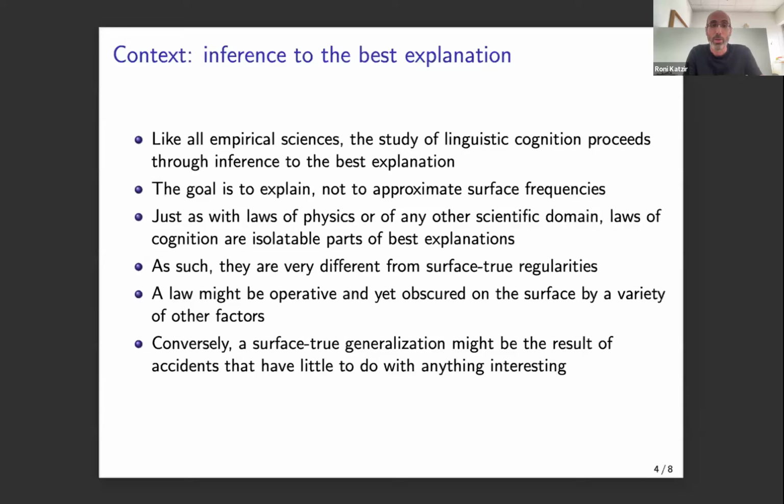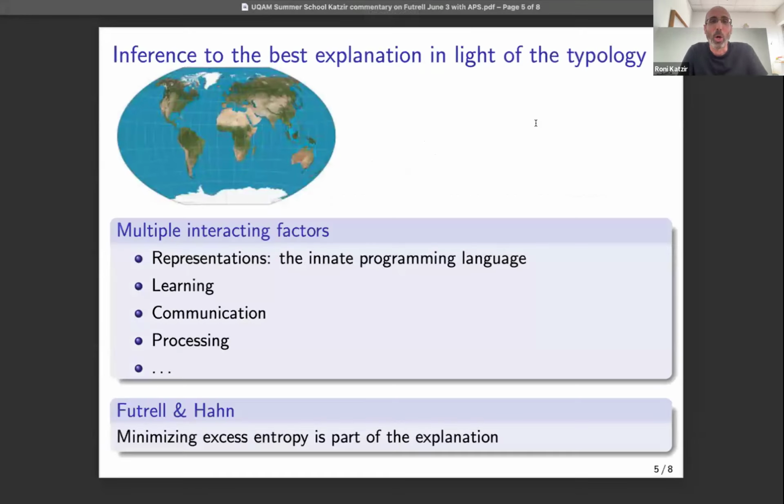And I think the goal of explaining, which Richard was talking about, is the shared goal of cognitive scientists, linguists, and other people working on language as it is in our heads. And of course, when we look at the different languages of the world and try to figure out what the best explanation is, we need to deal with the fact that there are lots of different interacting factors. So there are the representations themselves.